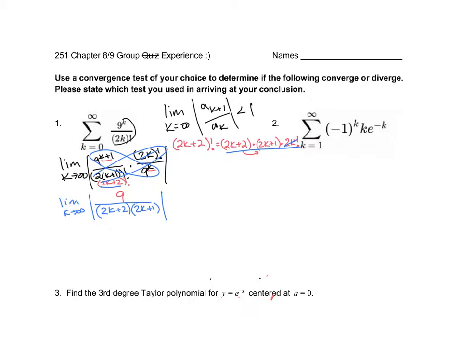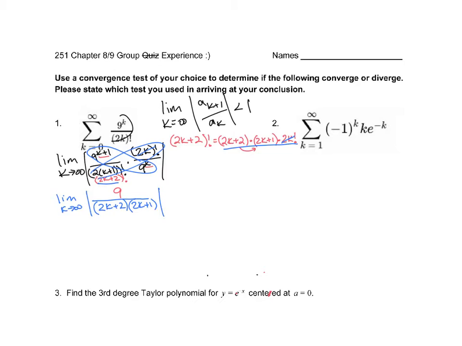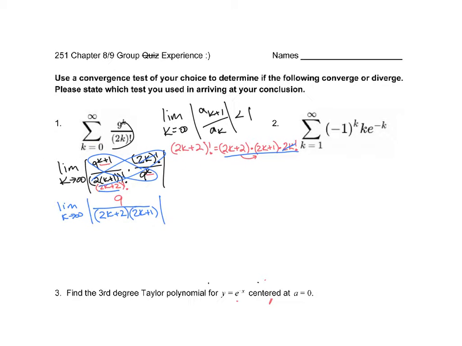And so the tricky thing with most of these, and you'll see it later on in the quiz, is that when you have a constant in here, in this case the constant is 9, that constant isn't really part of the limit. We really want to know what's happening when k goes to infinity. Some people like to pull the constant out and kind of deal with it later. You could still apply the limit to this, but the constant's carried through.